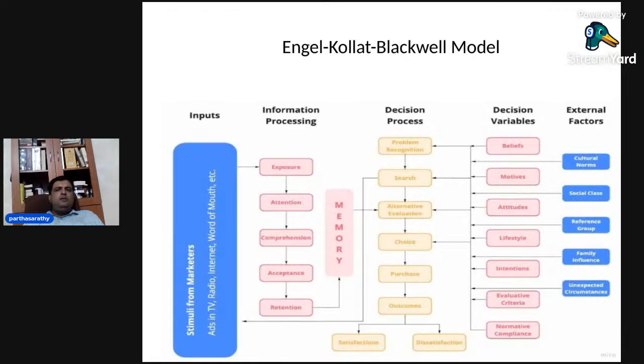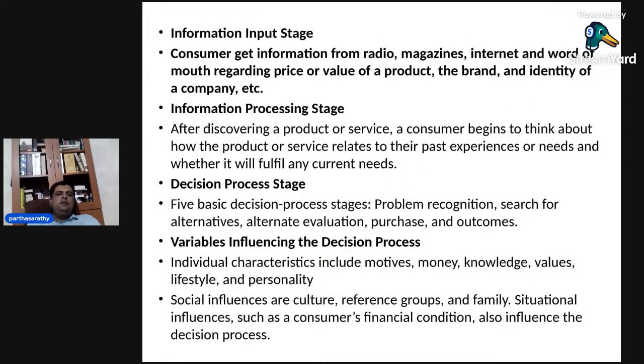We discussed, so what are the decision variables? In order to arrive at a decision, certain variables have to be kept in mind. So one is motive, of course, whether there is a need for that product or not. First, I need to make sure before I buy the product that it is not an impulsive buying just because it is offered at a lower price.